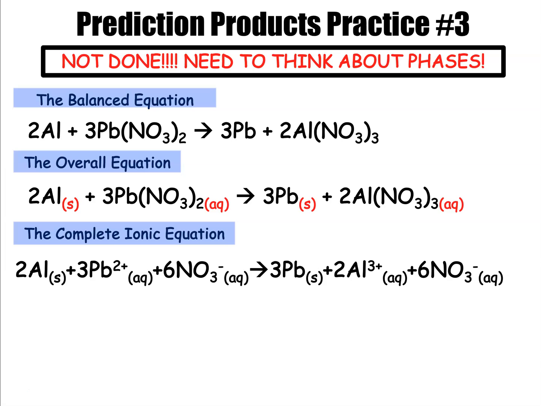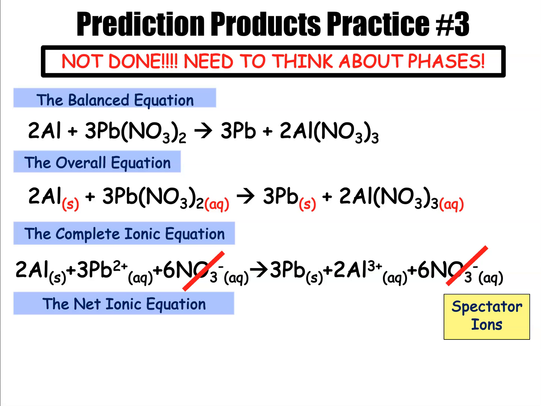So you're not participating. In this reaction that we see here, is there anything that is identical on both sides of the arrow? Yes, there is. Well, nitrate and nitrate, there's 6 of them. They are both aqueous. They are identical in every sense of the term. These are my spectator ions.